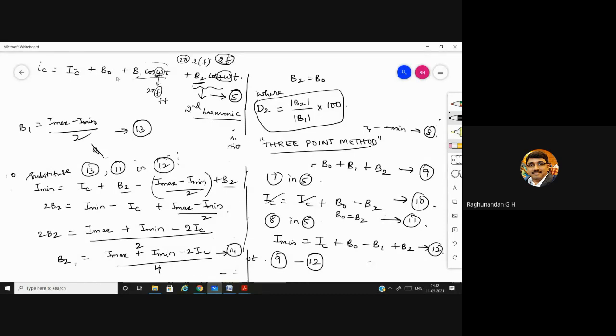Why is it called 3-point? Because we have taken 3 points for substitution. What are the 3 points we have taken? 0, pi by 2, pi. We have taken 3 points and we have derived the equation. And also we have taken 3 variables B0, B1, B2. That's why it is known as 3-point method. Remember this.